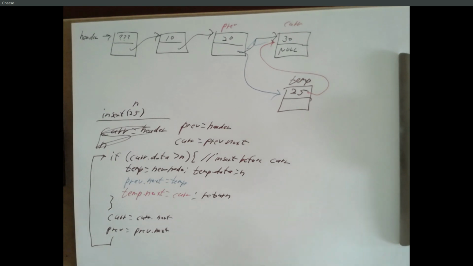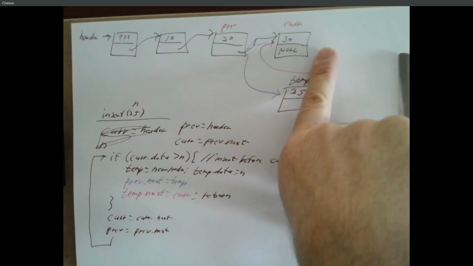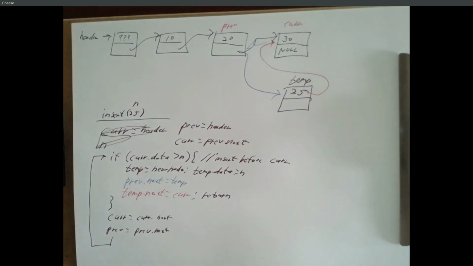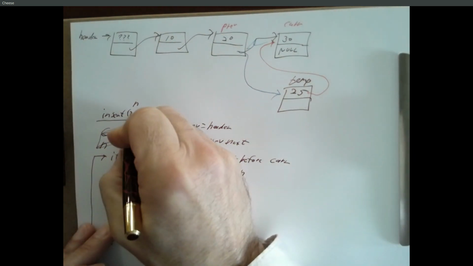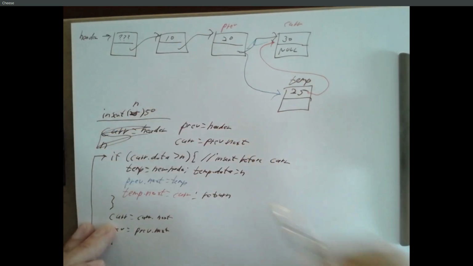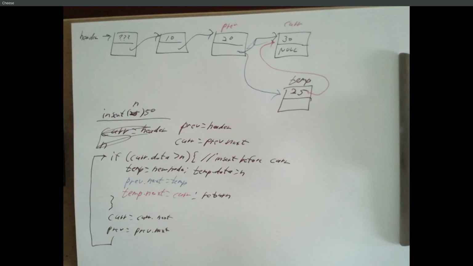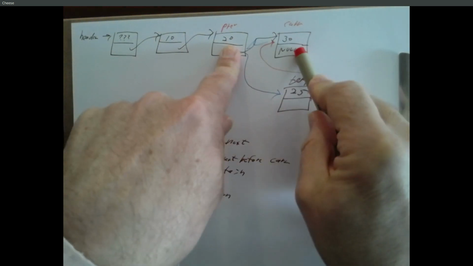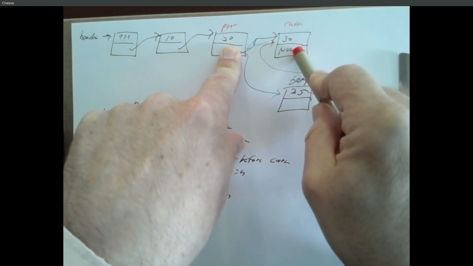All right, so what are we missing from here? What happens when you reach the end? Because this loop may eventually go off the end of the list. Suppose we want to insert 50. Well, we'll march through previous, current, previous, current. Current's data is 30, that's not bigger than 50.